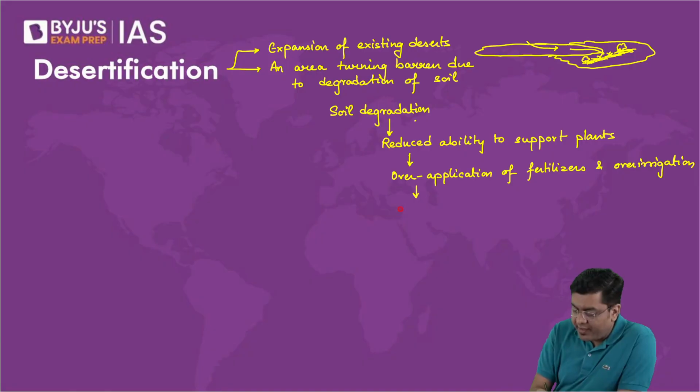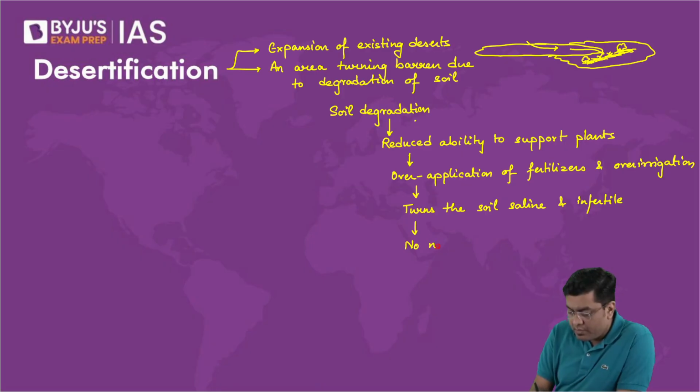That turns the soil saline and infertile. That means no natural vegetation in an area.